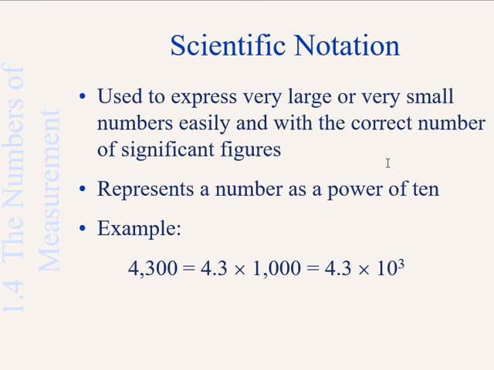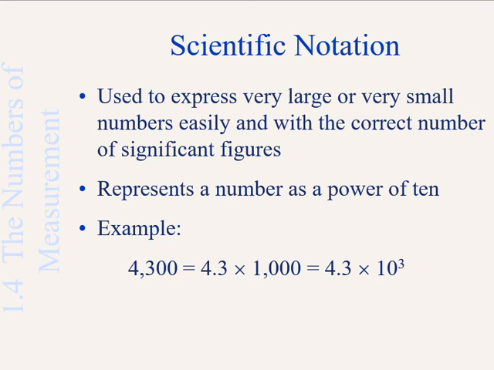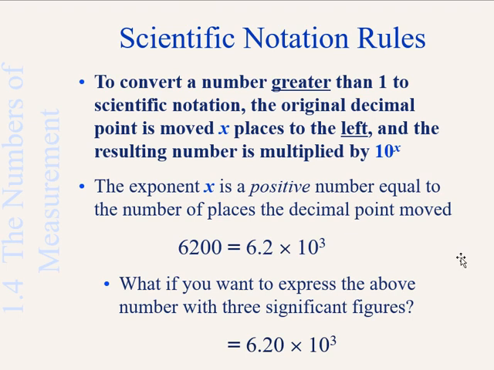So you can see how scientific notation makes it possible to express your values with the correct number of significant figures, apart from being able to express large or small values. Here we expressed a large value. Let's see an example of expression of a smaller value, and this is what we just talked about.